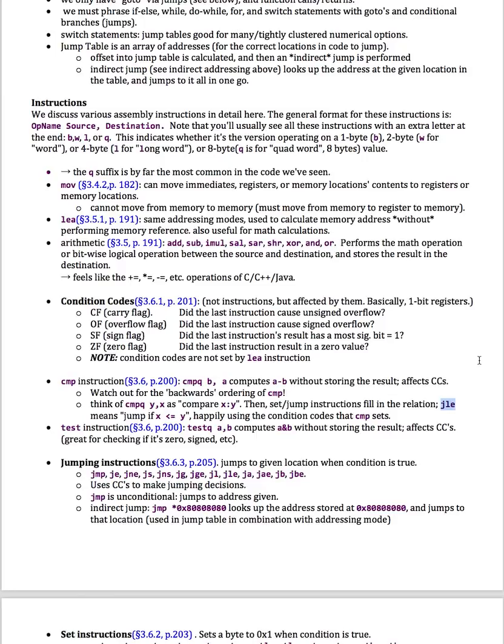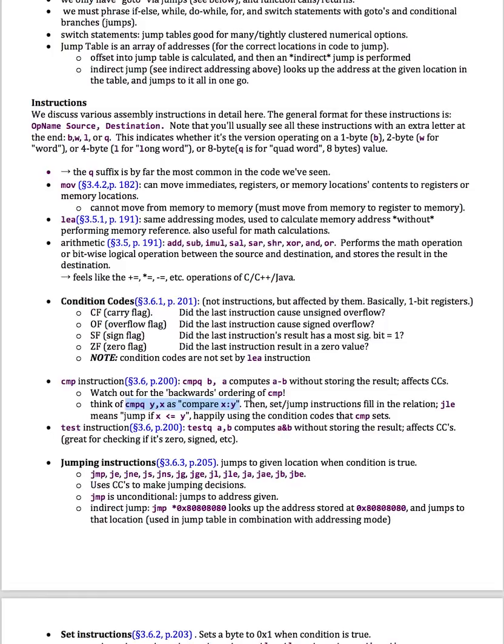What that means is jump if x is less than or equal to y, as opposed to jump if y is less than or equal to x. So again, compare y, x should be understood as comparing x to y.